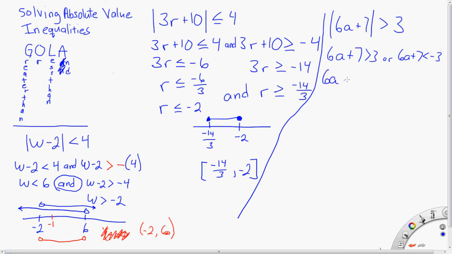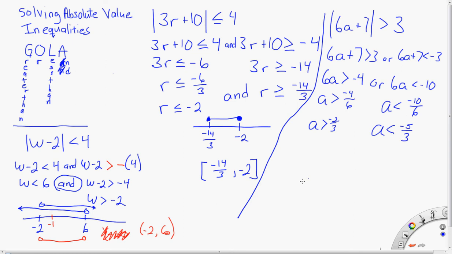This is 6a is greater than negative 4. A is greater than negative 4 over 6. A is greater than negative 2/3. Over here, 6a is less than negative 10. A is less than negative 10 over 6. A is less than negative 5/3.